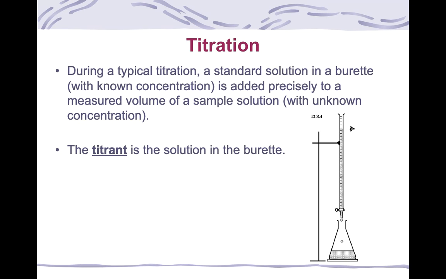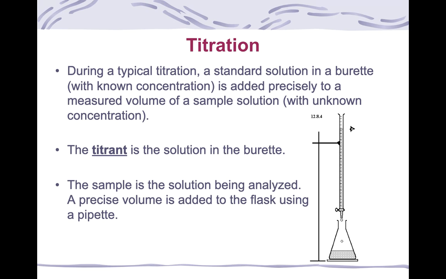The solution in the burette is called the titrant, and the sample is the solution being analyzed, and that's in the flask. You know the concentration of the standard solution, and you're going to add it precisely so you'll know what volume you add. And you also know what volume of sample you have because you add it using a pipette, which is an accurate piece of glassware that you can use to get an accurate volume.